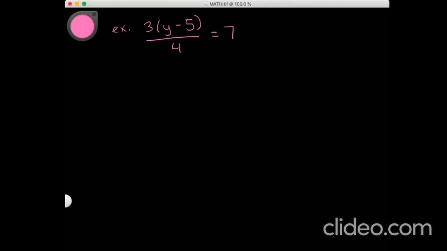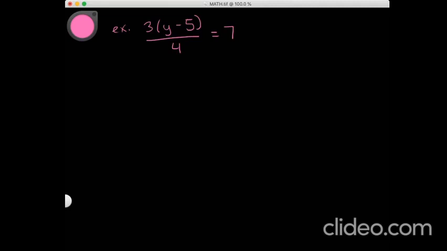So again, just like in the last question, we want to get rid of this fraction because it complicates things. So the bottom of this fraction is a 4. So to eliminate the fraction, I'm going to multiply both sides by 4.